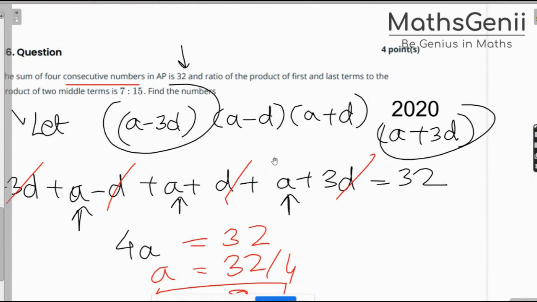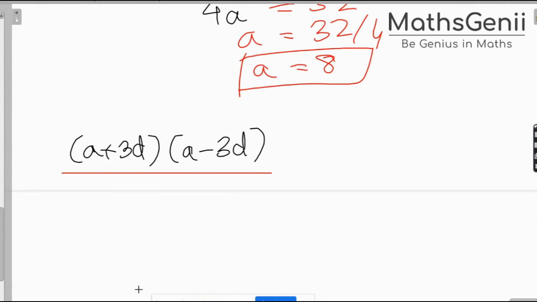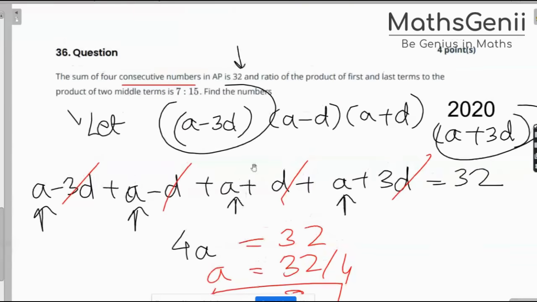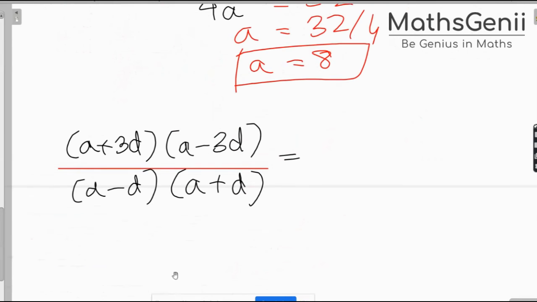So these are the two middle terms. This product is how much? It is 7 is to 15.